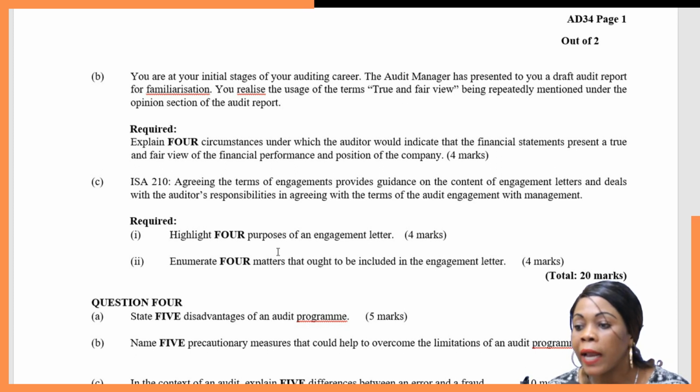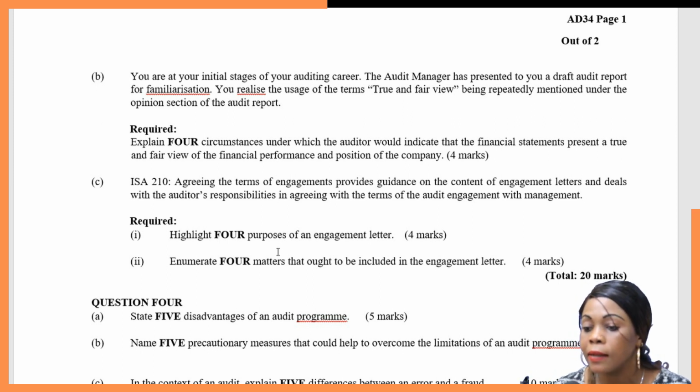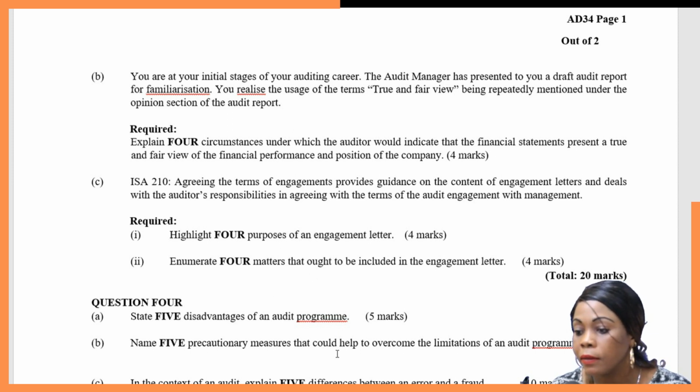Required, highlight 4 purposes of engagement letter.